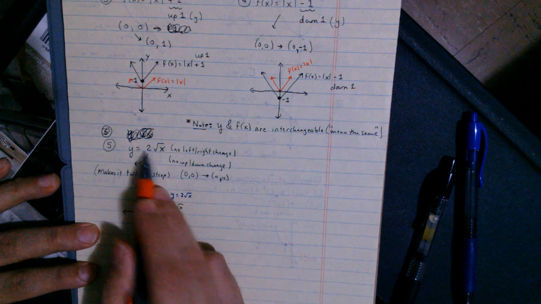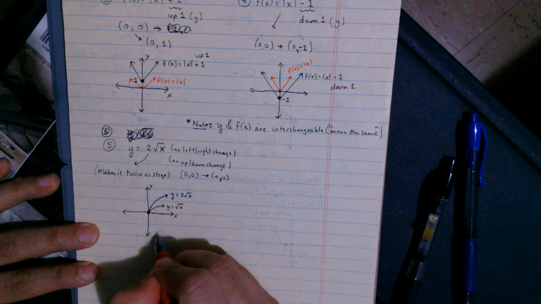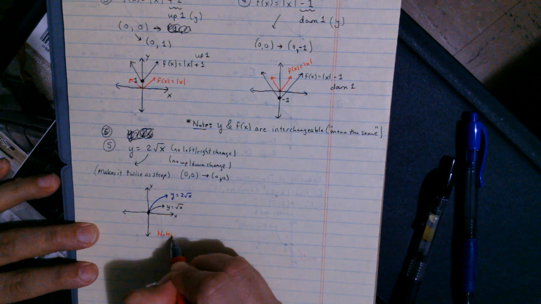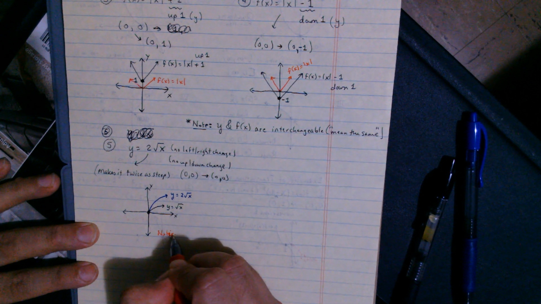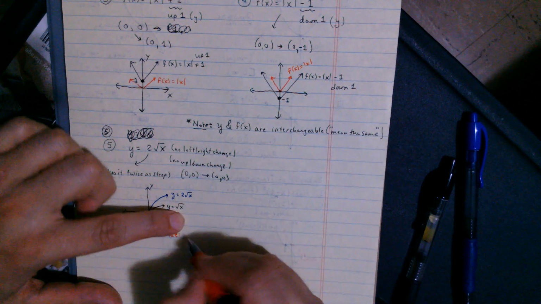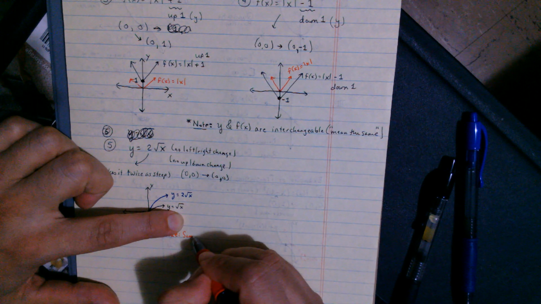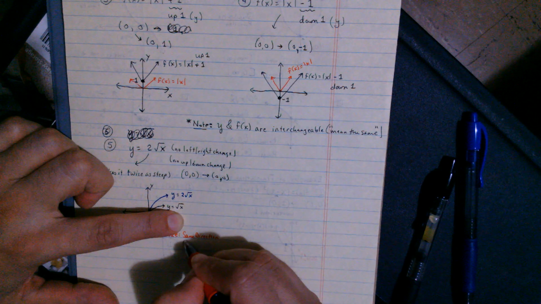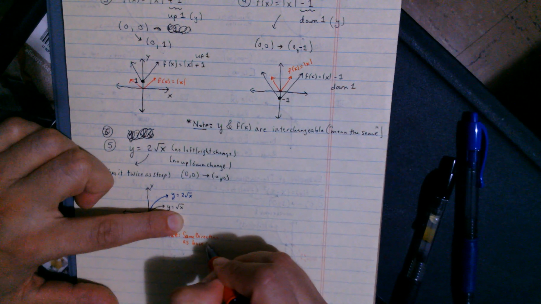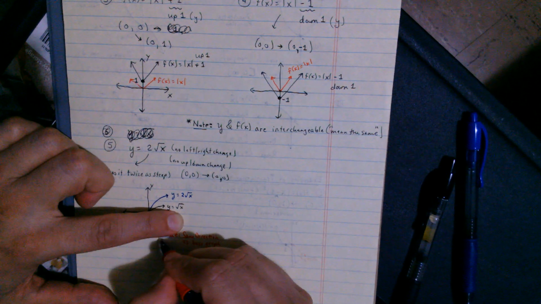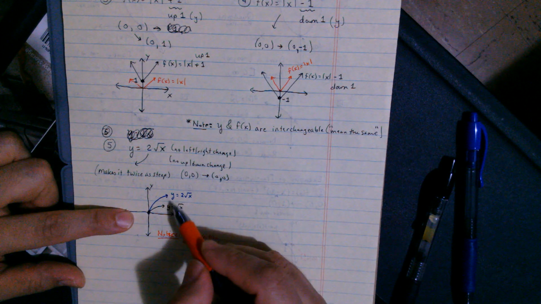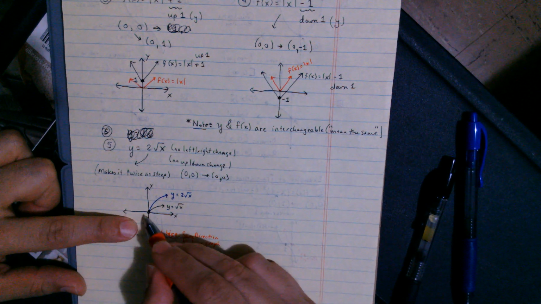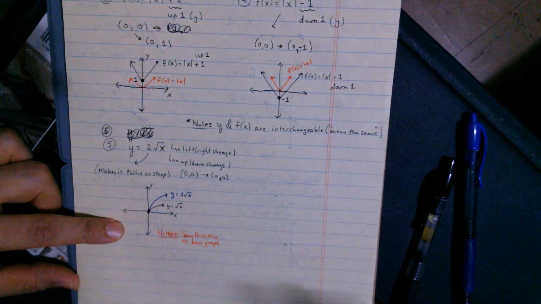I just want you to understand that here, notice, same direction as base graph, meaning it goes in the same direction and it starts at the same point here at 0, 0, so that doesn't get changed.